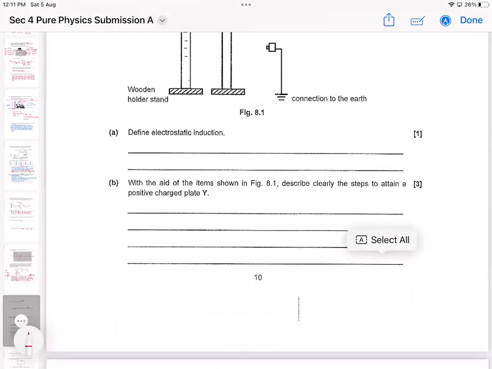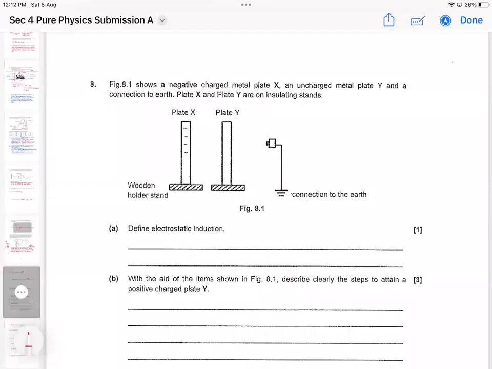Yeah, Tiffany, correct already. Okay, let's talk about induction. So two things that we need to include in our answers for induction. Number one is particle movement. Number two is there's no contact between the conductors and the charging body.